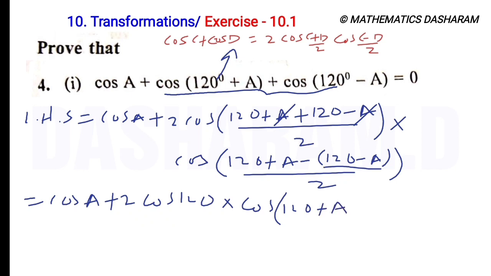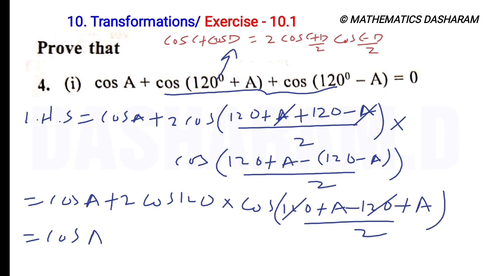Now remove the bracket here, minus 120 plus a by 2, plus 120 minus 120 cancel. So cos a plus 2 into cos 120 into cos a plus a will become 2a. 2a by 2 is what? Just a.